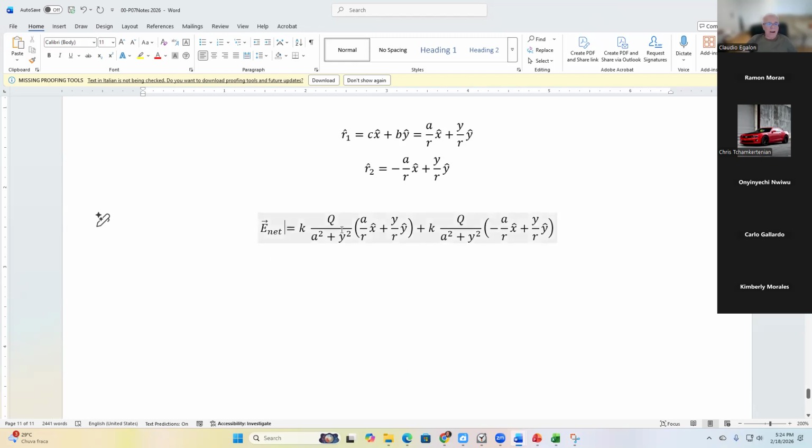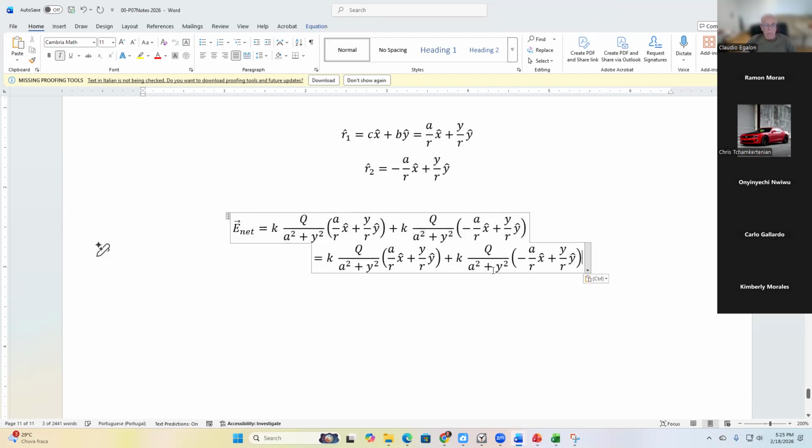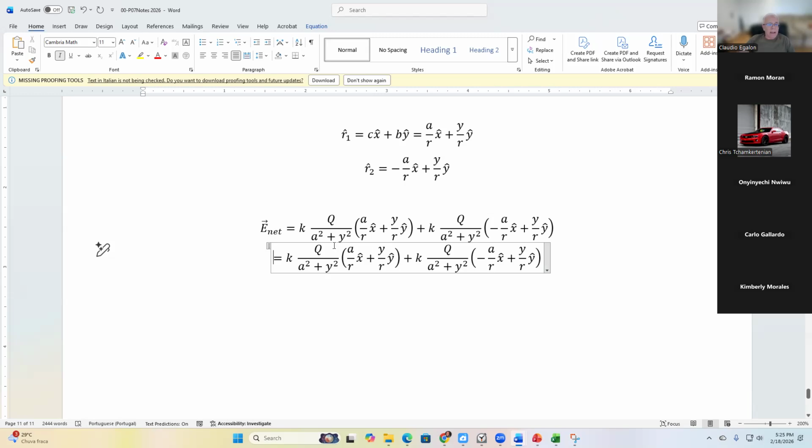And let's see, this term is exactly the same as this term. Recall that R is the square root of this term, right? So our problem is almost over. Let me go to the next line.